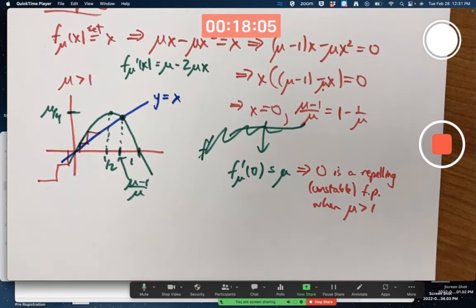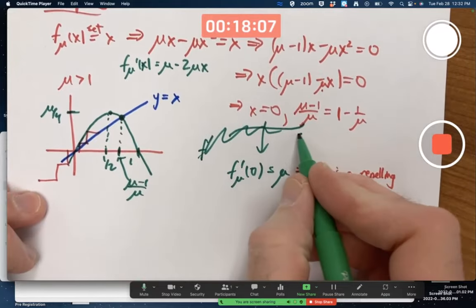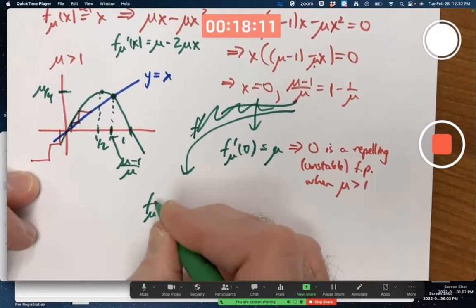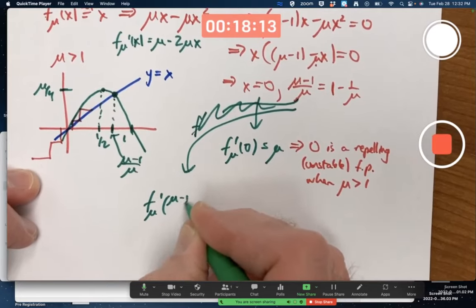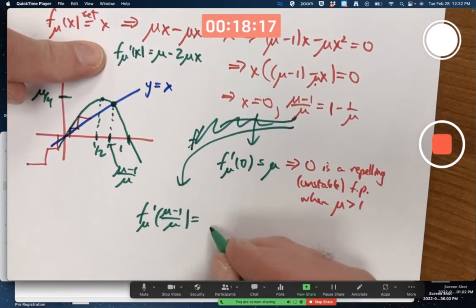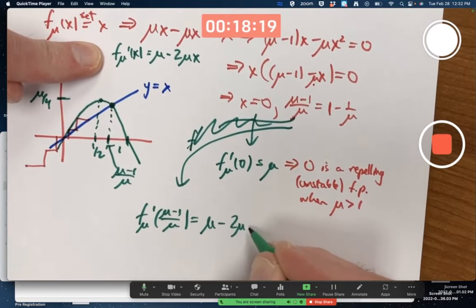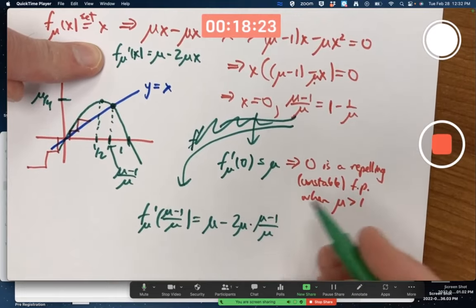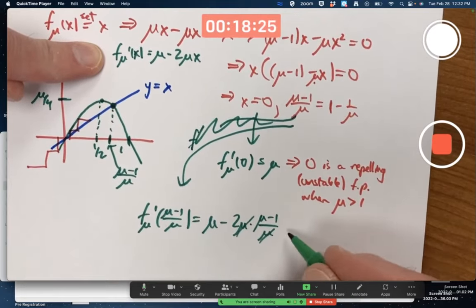What about the other one? Yeah, this one now. F mu prime of mu minus 1 over mu. Plug that into the derivative, you get mu minus 2 mu times mu minus 1 over mu. Simplify, divide out the mu's.